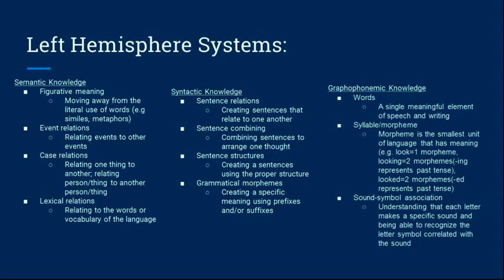Semantic knowledge contains figurative meaning, event relations, case relations, and lexical relations, and those definitions are provided for you. Syntactic knowledge is going to contain things like sentence relations, sentence combining, sentence structures, and grammatical morphemes. Again, those definitions are provided for you. Graphophonemic knowledge is going to contain words, syllables and morphemes, and sound-syllable association. Examples are provided for you.